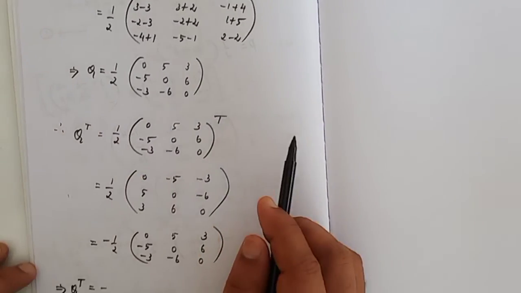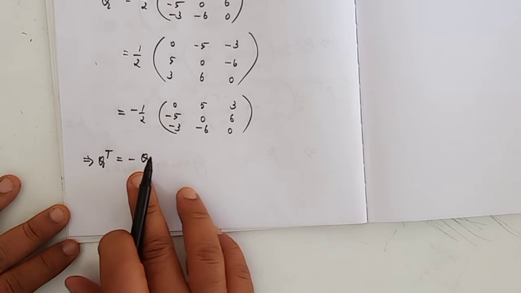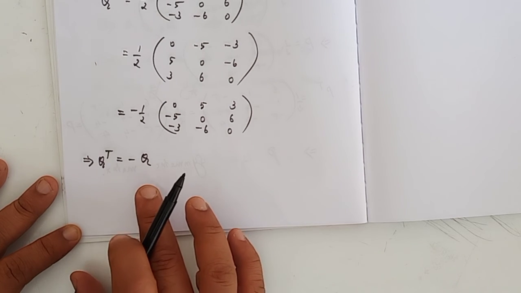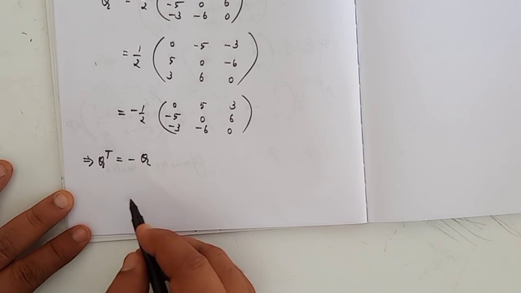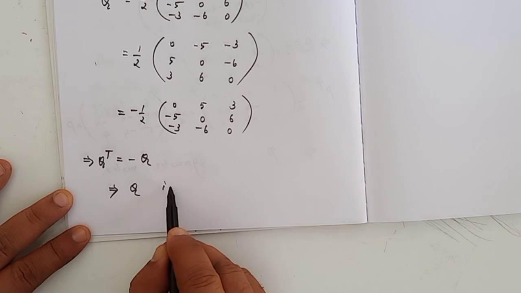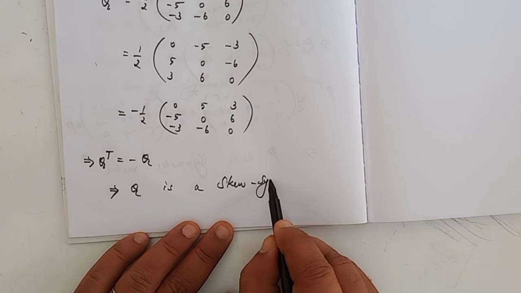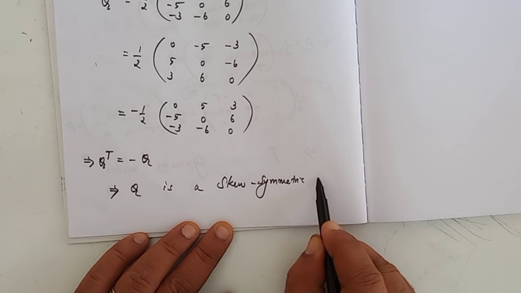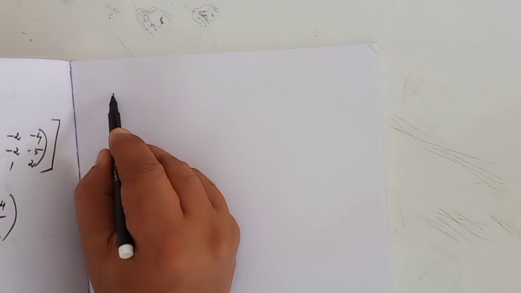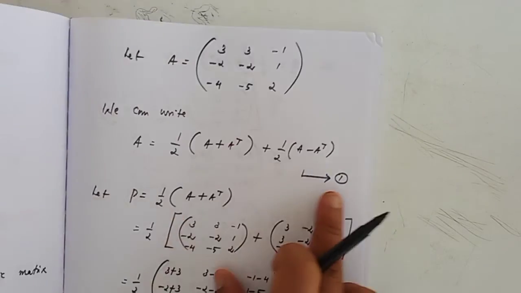That is equal to Q. So finally we have proved Q transpose is equal to minus Q. If Q transpose is equal to Q, it is symmetric; if it is minus Q, that is called a skew symmetric matrix, which implies Q is a skew symmetric matrix.